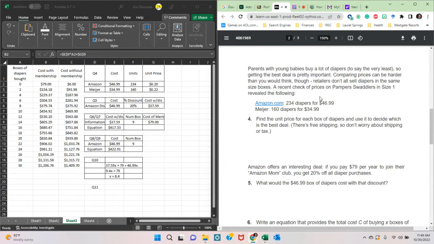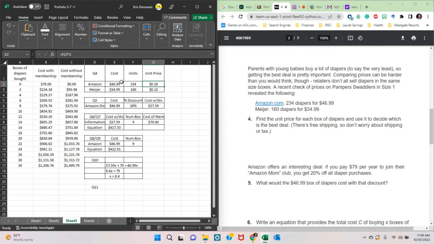So the cost is $46.99, right? So that's a very defined value. And then of course the $34.99. All right. Now the units is obviously the 234, and what you do for the unit price is to take and divide E2 by F2.